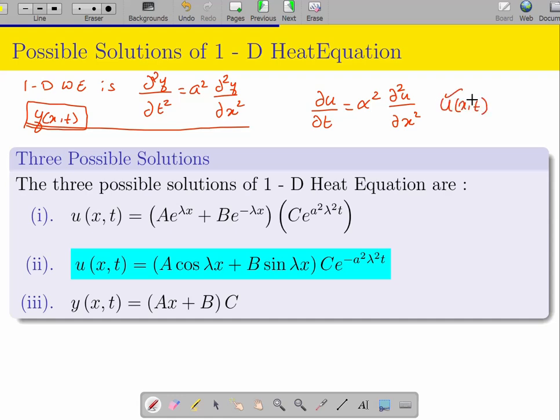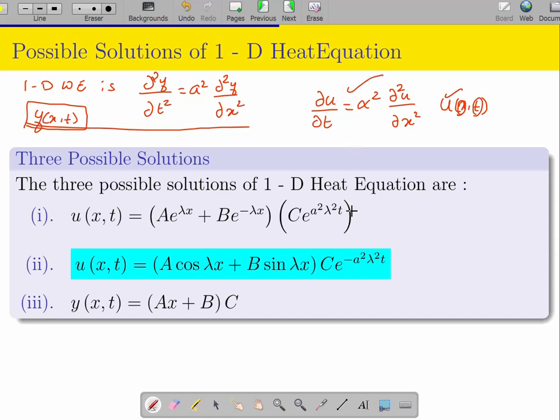This u is the temperature, heat temperature in the rod or sheet. x is a particular distance and t is a particular time. At a particular distance and time, what is the temperature in the particular rod or sheet, we are going to discuss now. So now we will solve this one-dimensional heat equation.